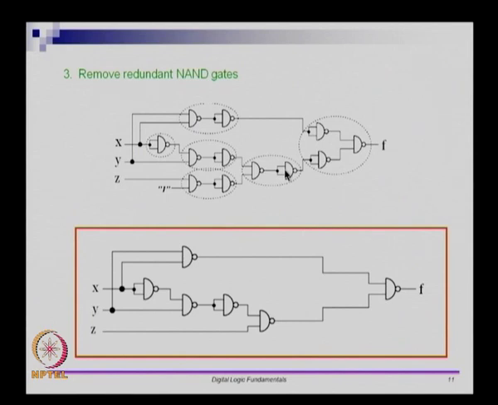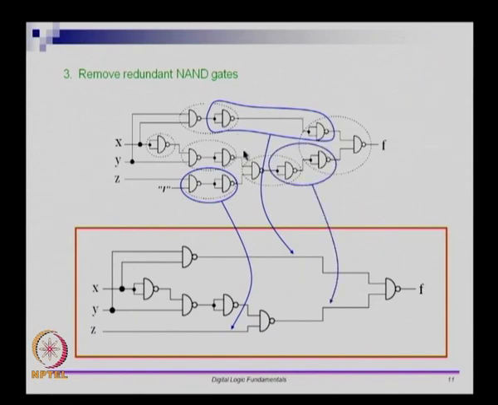This is an inversion, this is an inversion, I can remove the two inversions together and get rid of it. Similarly, this is an inversion and this is an inversion, I can get rid of that also. So, this wire corresponds to these two inversions being removed. Then this wire is the same as these two inverters and getting rid of one, and finally these two inverters, when you get rid of it, we have a wire.